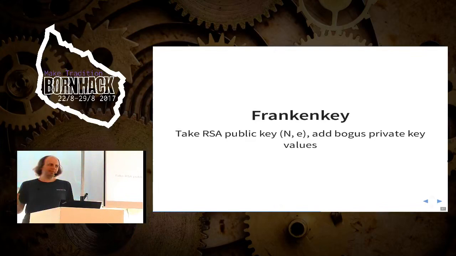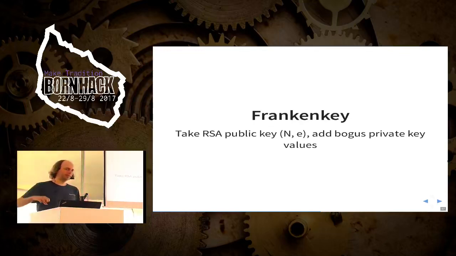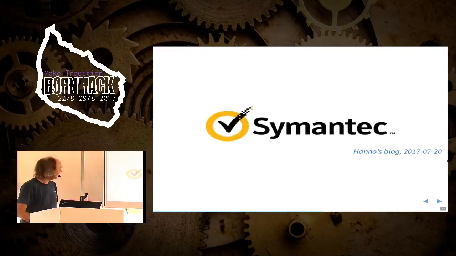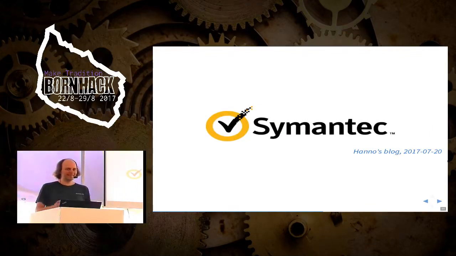I didn't upload it to a web server, I uploaded it to Pastebin. And then I also found some other keys that were real private keys to real certificates. So I could send them a list, and my Franken key was hidden within the list. And Symantec actually revoked that certificate belonging to that key.